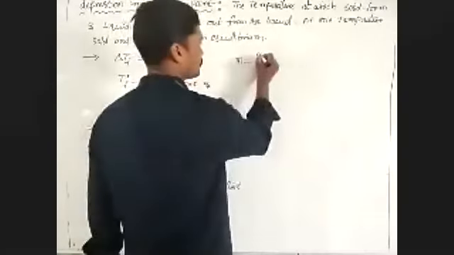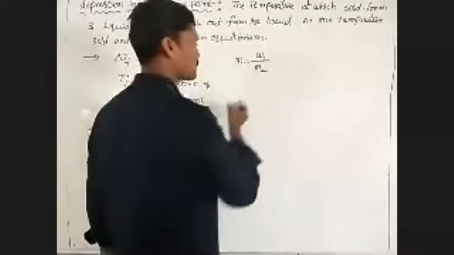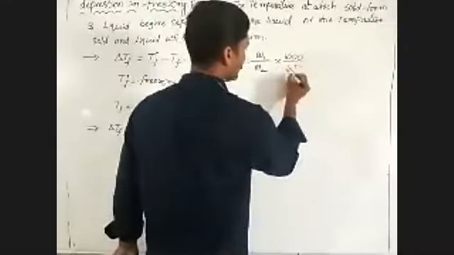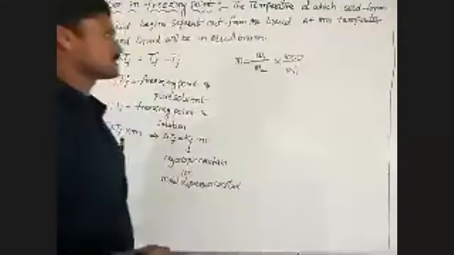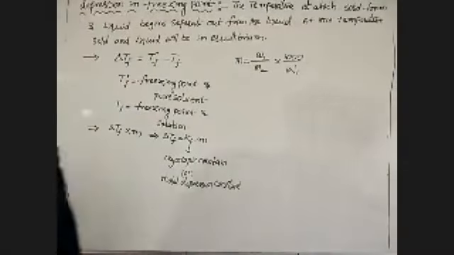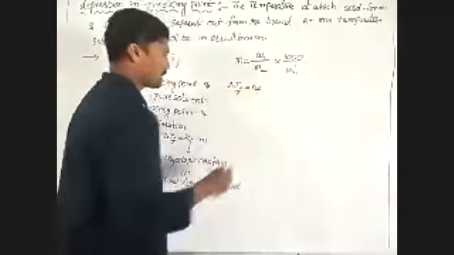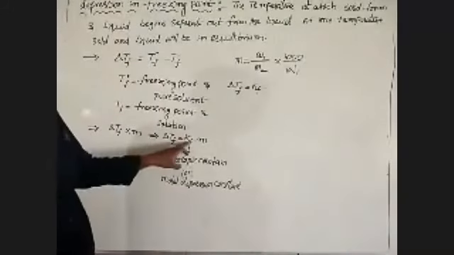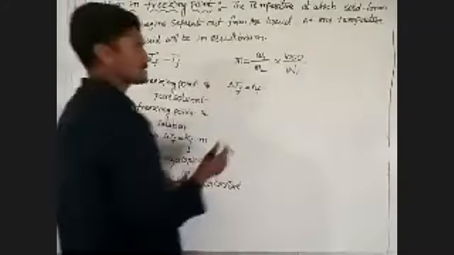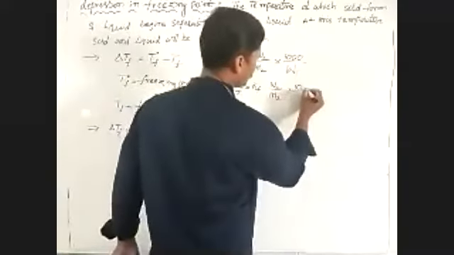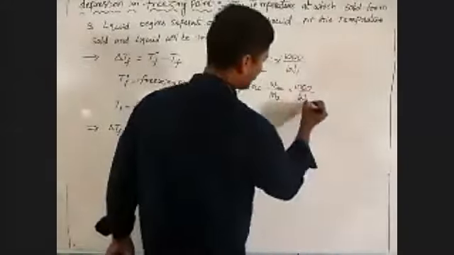Here molality m is equal to, what is molality? Small m is equal to weight of solute by molecular weight of solute into 1000 by solvent weight. Now delta Tf is equal to Kf into m, where m is W2 by M2 into 1000 by W1.